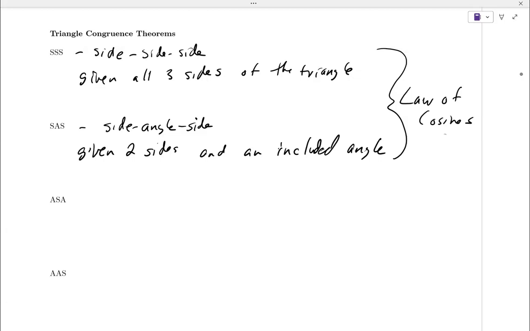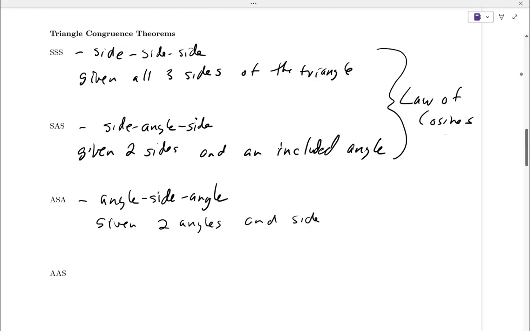The other ones, notice that we have angle side angle. This is given two angles and the side between them, or the side included.